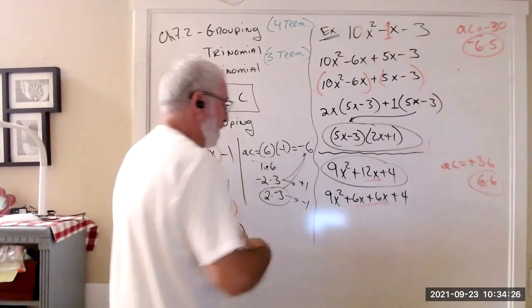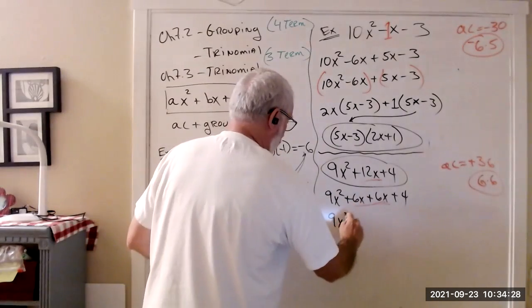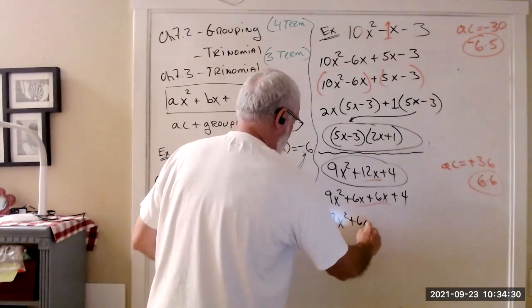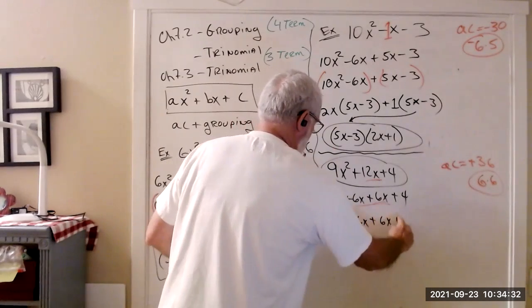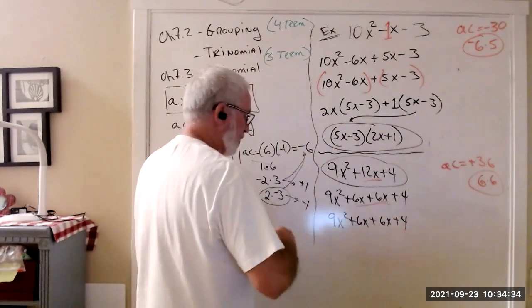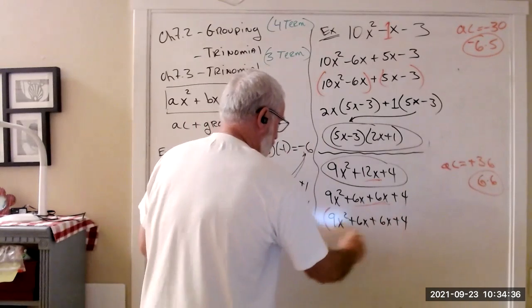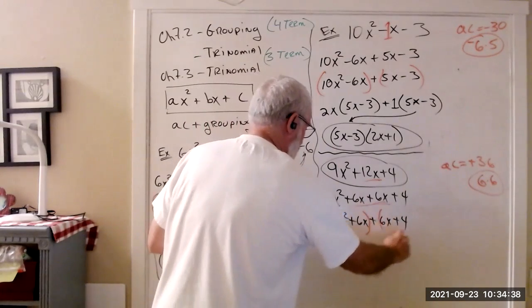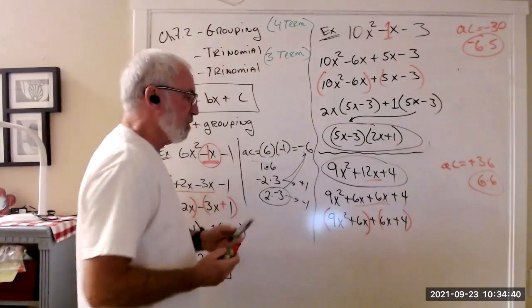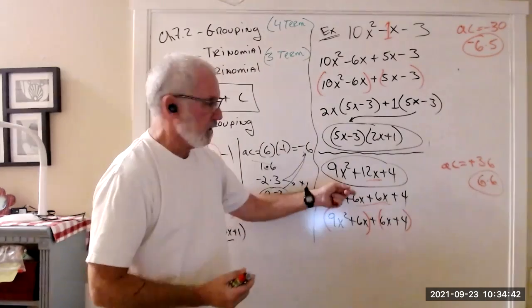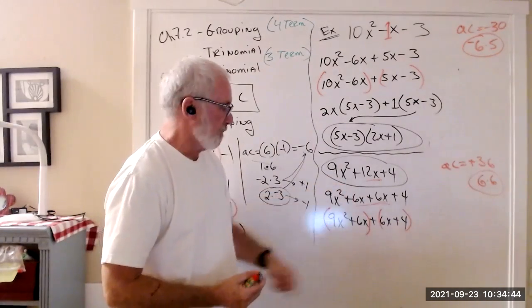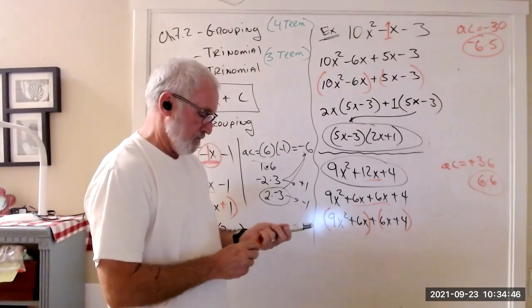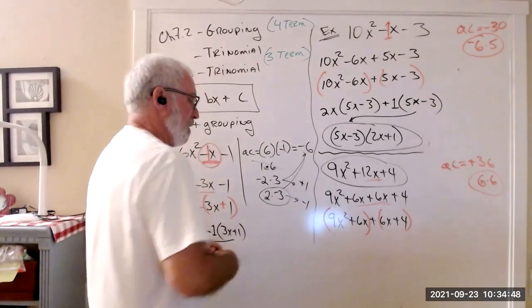Okay, I write it as 9x squared plus 6x plus 6x plus 4. Remember, I like to write it twice so I can put my parentheses and compare the new problem against the original problem. Okay.